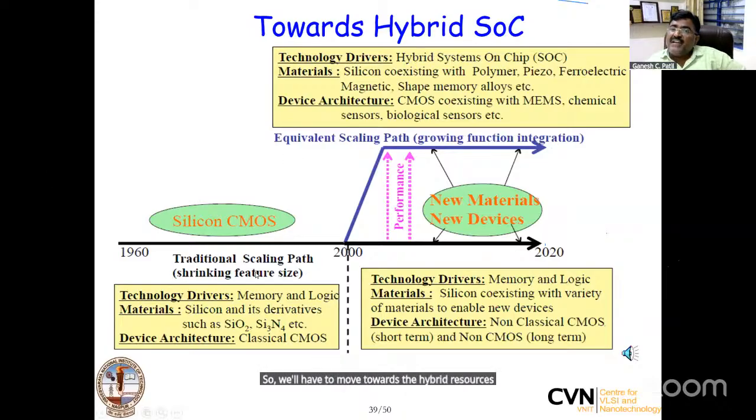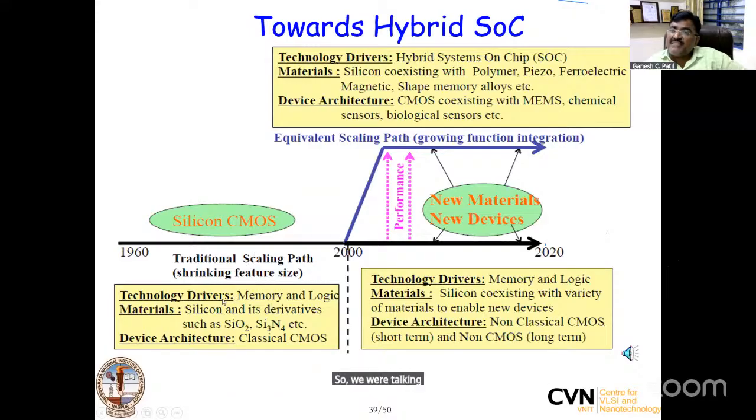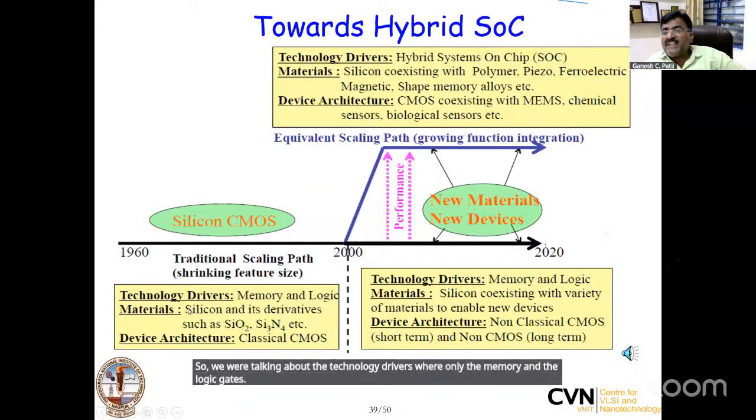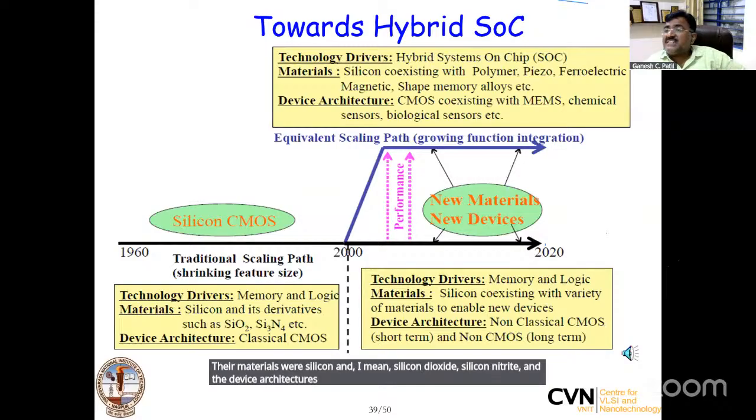So far, before the 2000 era, we were talking about silicon CMOS. The technology drivers were only memory and logic gates. The materials were silicon, silicon dioxide, and silicon nitride, and the device architectures were classical CMOS.